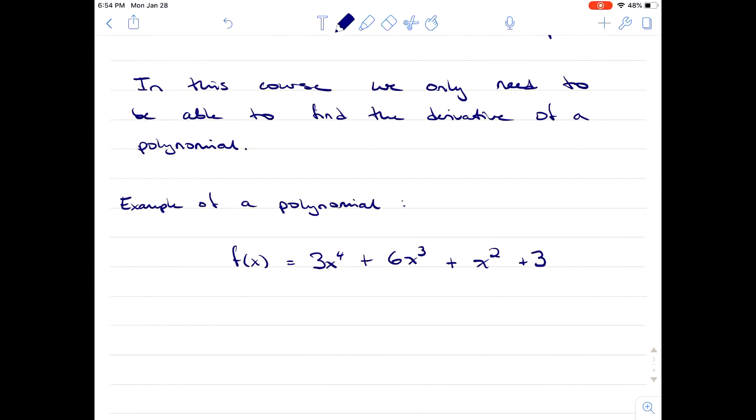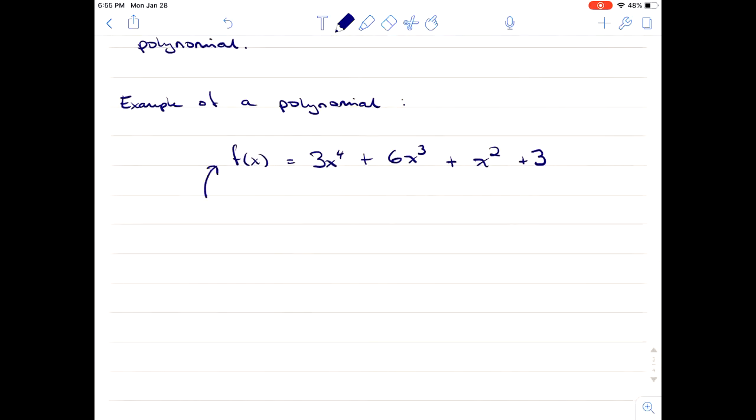It's just got some x's of different powers, and that's it, right? And some coefficients, and they're either being added or we'll see some subtraction in there, right? But it's just a series of x's with coefficients. And we've seen stuff like this already. So that's a polynomial. Okay.